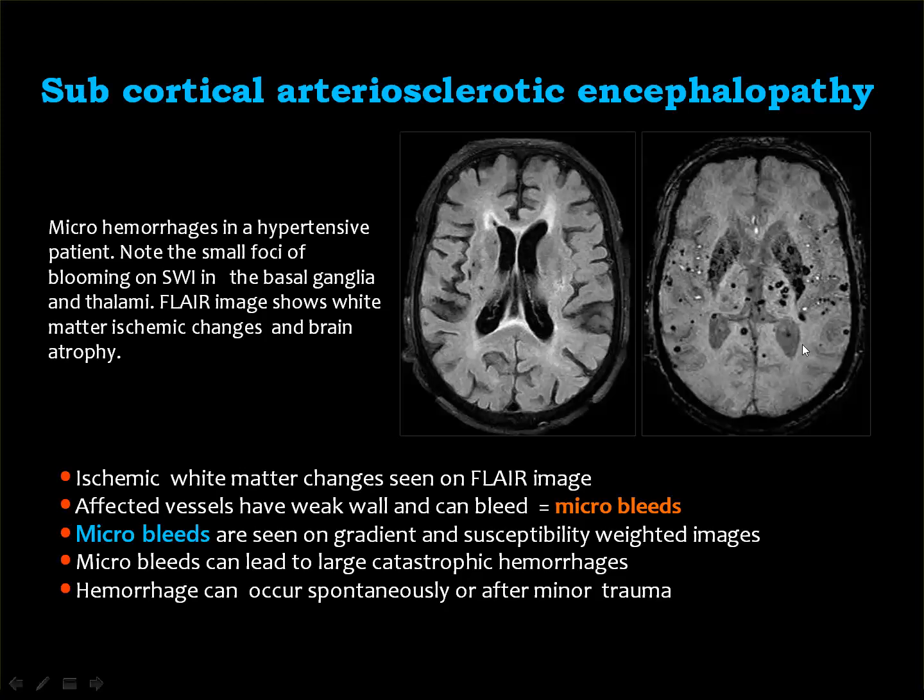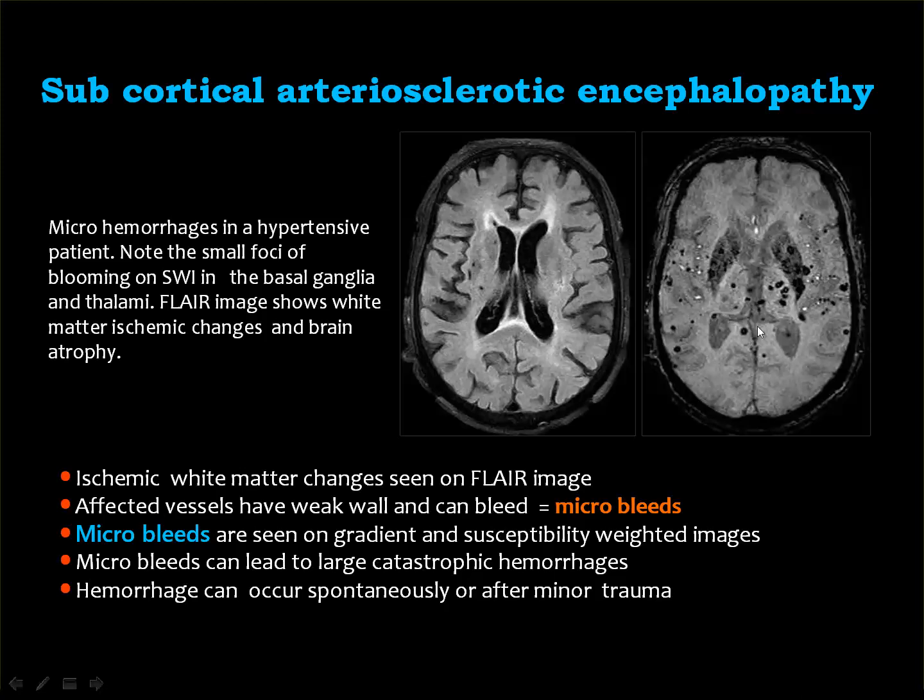And the detection of microbleeds in patients with subcortical arteriosclerotic encephalopathy is very important because these will precipitate more bleeding with the initiation of treatment. And you should mention very clearly in the report if the patient with subcortical arteriosclerotic encephalopathy has microbleeds or not.